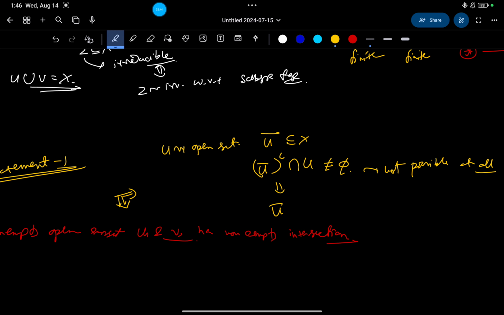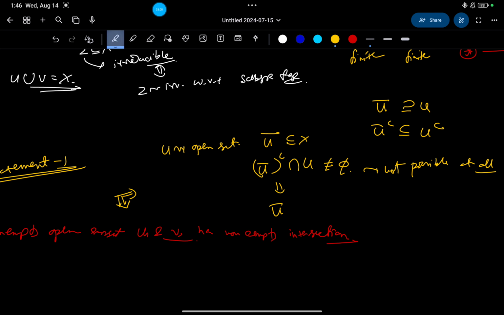It is not possible at all because U closure contains U. So U closure complement is a subset of U complement. Whenever I take any element which is in U and U closure complement, it has to be in U complement as well. So that is not possible.